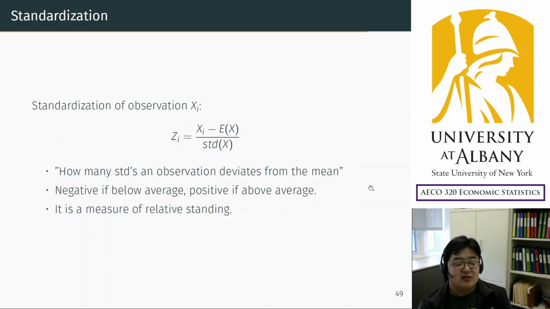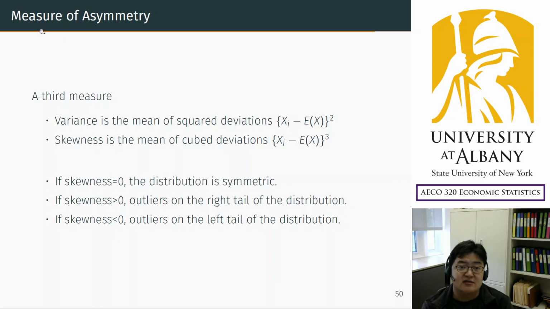Okay, so this is actually the end of the measure of variability. I have explained the main part of the chapter, and the last several pages will be about more minor measures, like this measure of asymmetry. It's an extension of measure of variability.